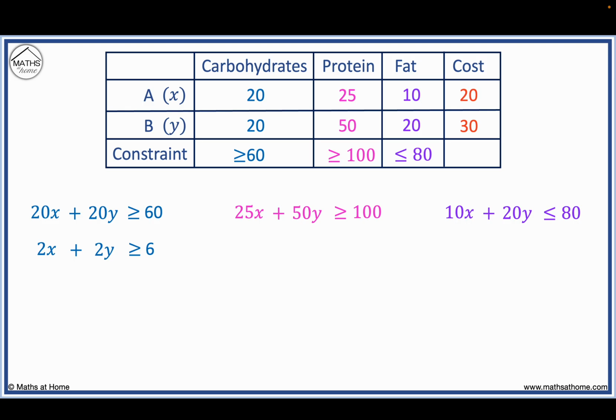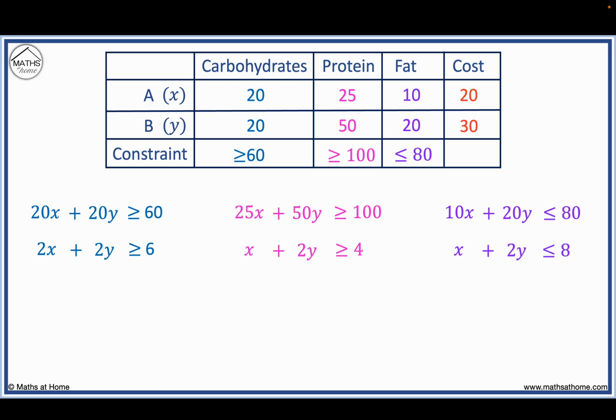The next equation can be divided by 25 to obtain x plus 2y is greater than or equal to 4. We divide the final equation by 10 to obtain x plus 2y is less than or equal to 8.